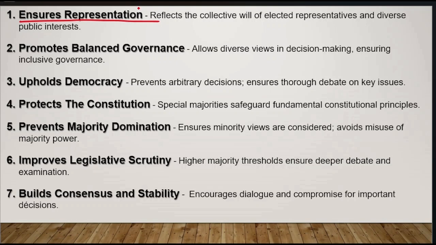So suppose a bill is about to pass and for that voting will take place. So the member will vote either for the bill or against the bill. So indirectly we can say that we are voting because that particular member is representing us. So that means it reflects the collective will of elected representatives and diverse public interests.